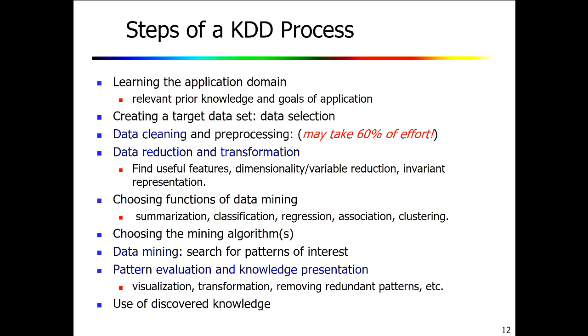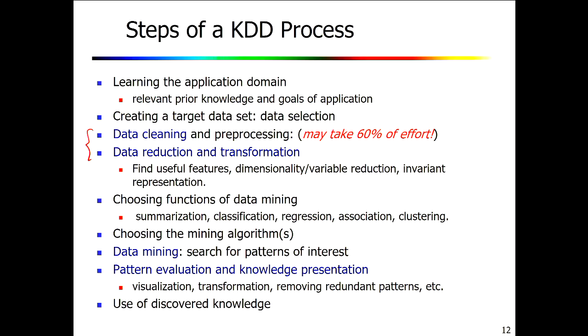So we do have these two parts, which I call data pre-processing. This is already after the data warehousing part. So first of all, we have the data warehousing part and the OLAP part, and we talk about some of the techniques there.